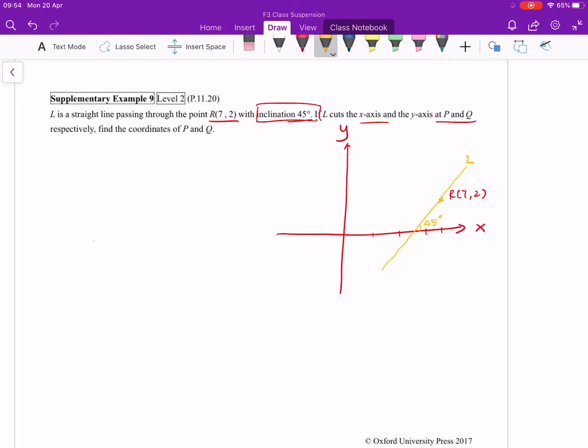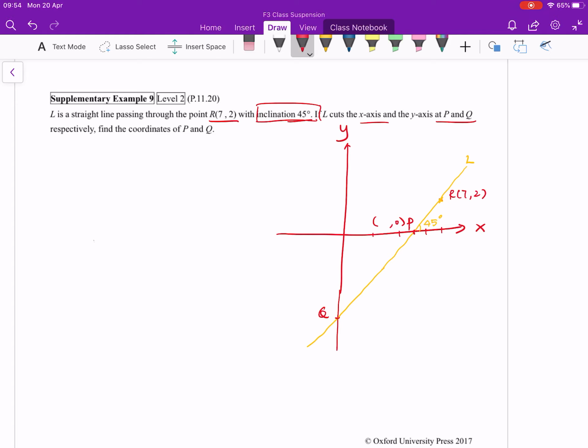So this one is P. We have to extend it and cut the y-axis. So this one is Q. Okay, P and Q. So find out the coordinates of P and Q. So what can we do? First of all, for the coordinates of P, as P lies on x-axis, we know that the y coordinate of it must be 0.